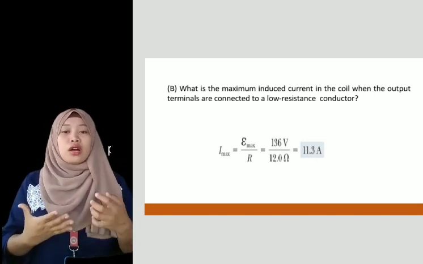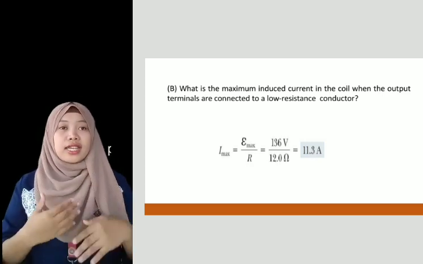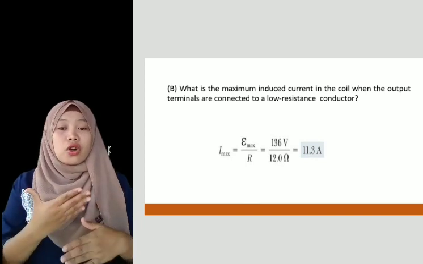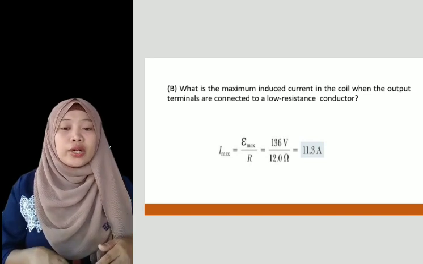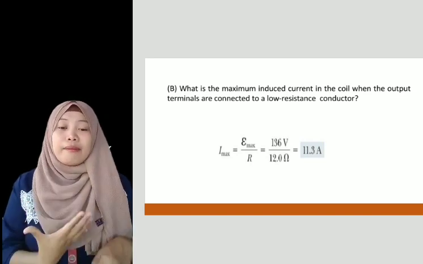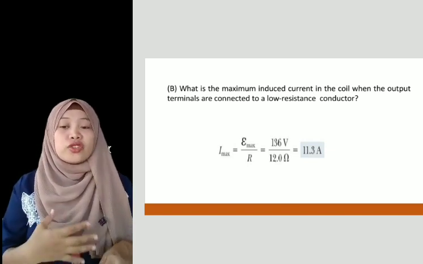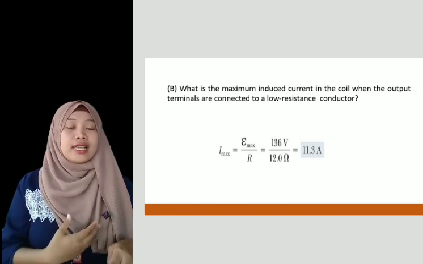So, given na yung 136 voltage, kasi yan yung ni-solve natin kanina sa first na equation. So, i-divide mo lang siya doon sa 12.0 ohms. So, pag ni-divide mo yan siya, lalabas is 11.3 amperes. So, yan yung sagot sa number 2 na ating example.